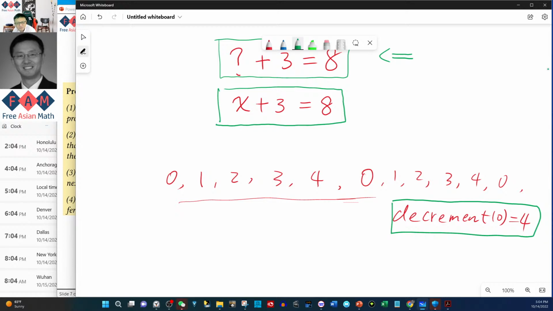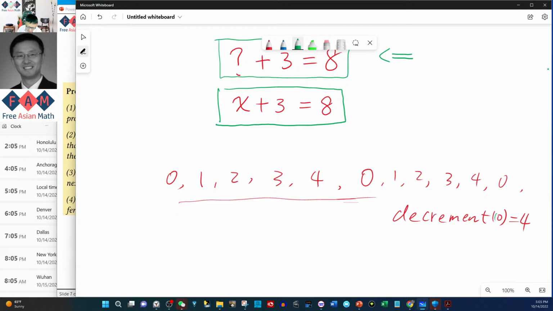But for those really advanced, you can see that in what we call modular arithmetic, we could have things like this. Okay, so this would be a mod 5 arithmetic. And in that case, 0 equals -1 equals 4. Okay, so that's just a different issue.